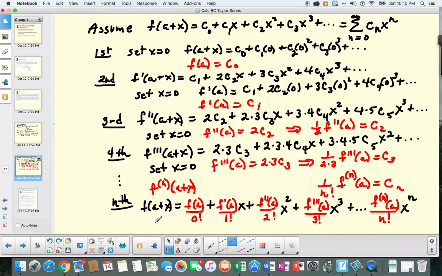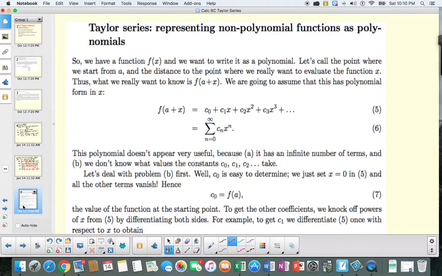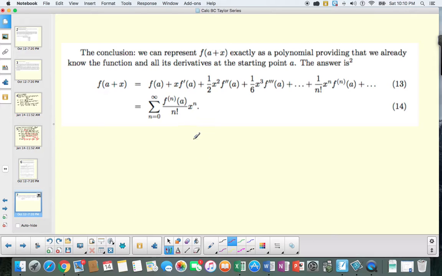So I have shown you a way to take this function and find a way to represent it in terms of derivatives and factorials. If you go to your notes, you'll see the discussion written in type form here as I described it to you. And here is the nicely typed conclusion that I showed in the previous screen.